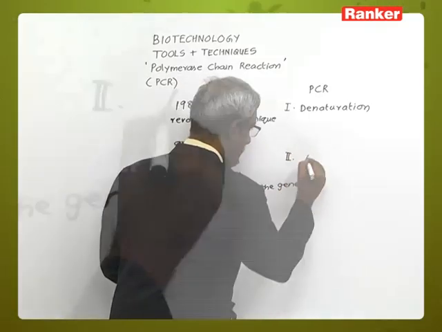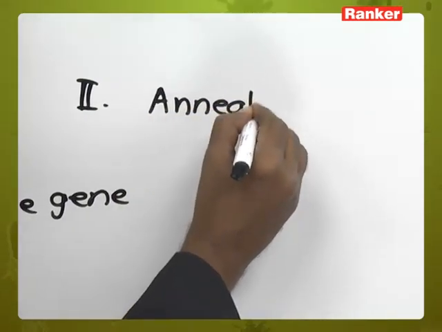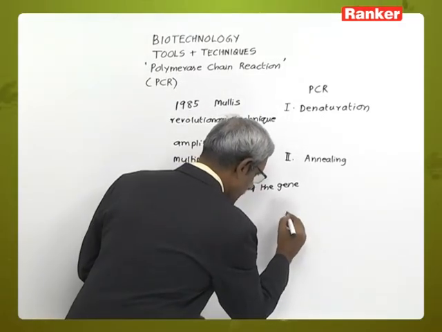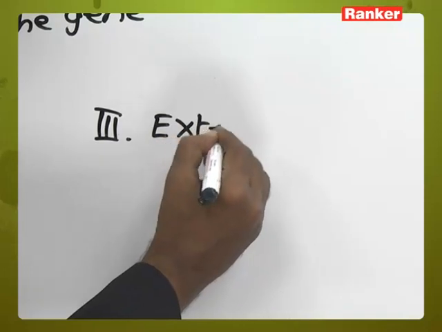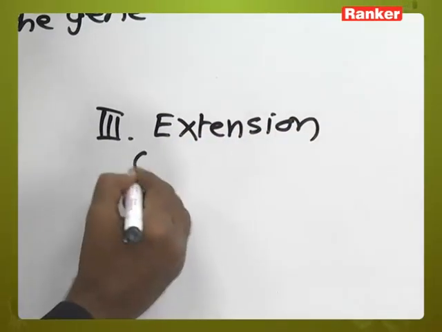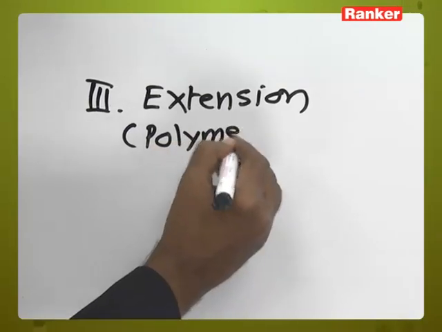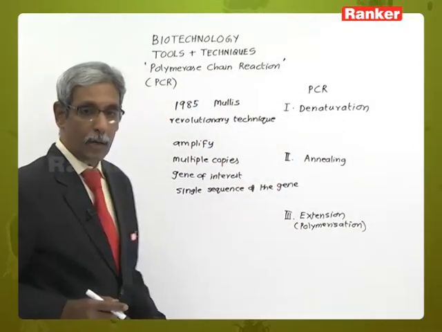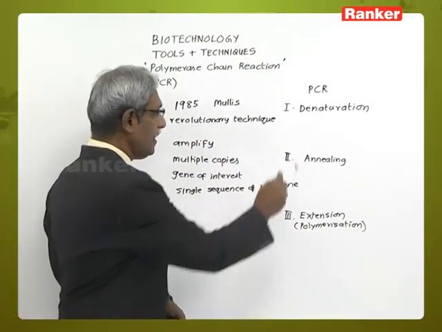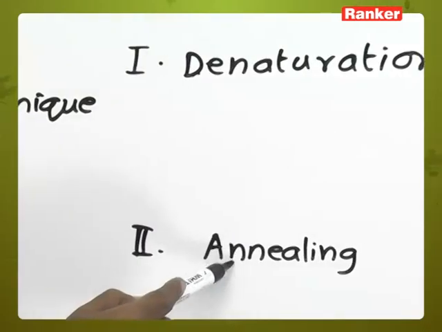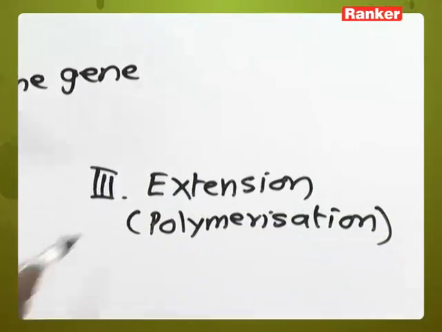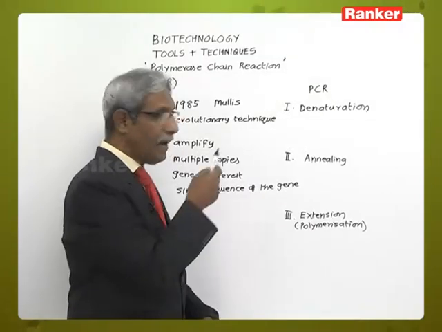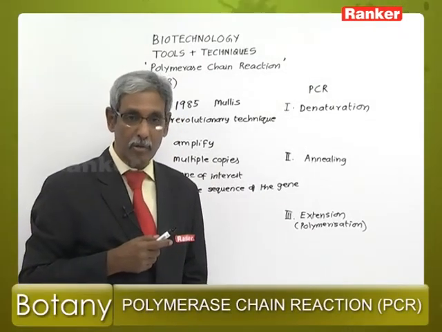The second step is termed as annealing. And the third step is termed as extension, or it is also termed as polymerization. So when you take your polymerase chain reaction, it includes 3 steps. Step number 1 is termed as denaturation, step number 2 is annealing or joining, and step number 3 is termed as extension or polymerization.